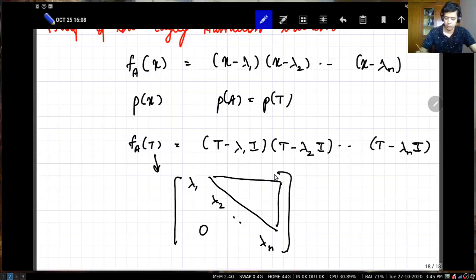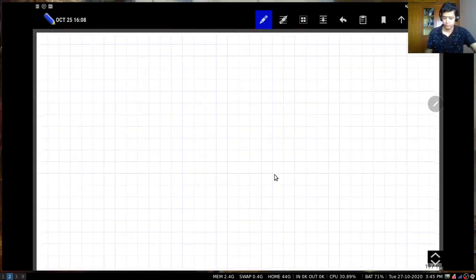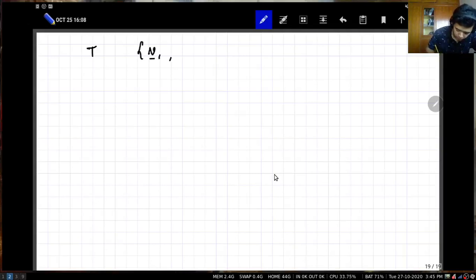In particular, you have T, the triangular matrix, and this represents the same linear transformation as A, but with respect to some basis v1, v2, up to vn, which is a fan.